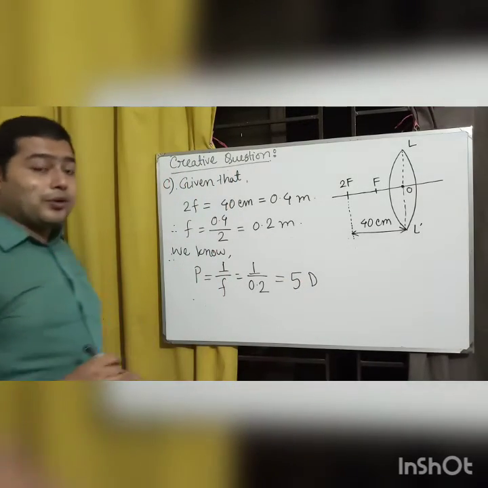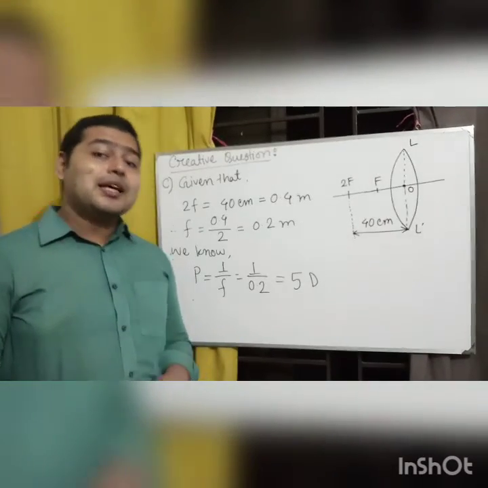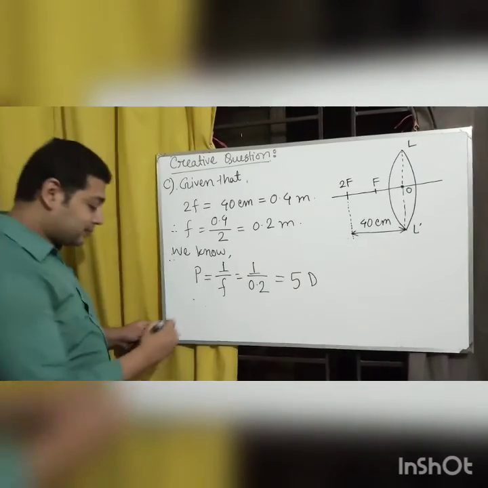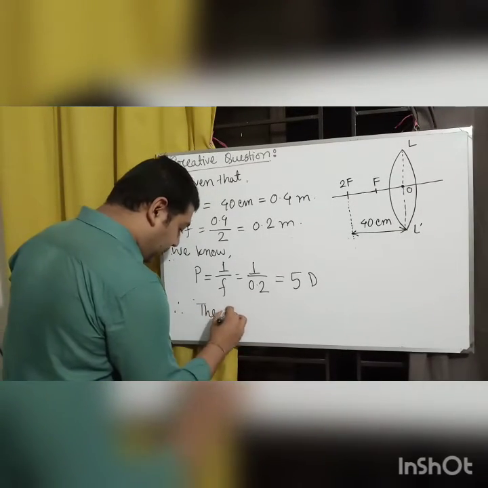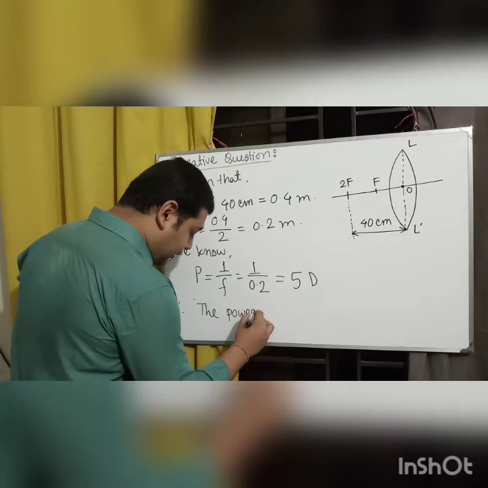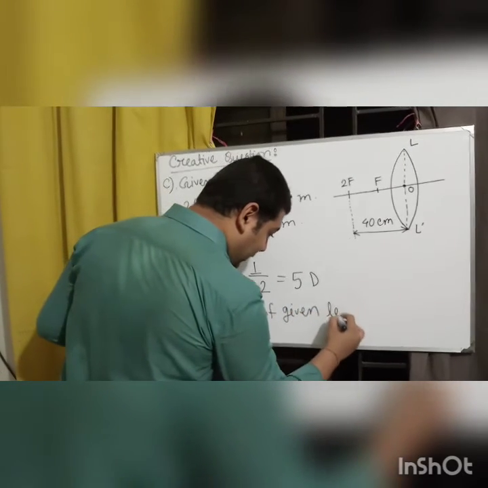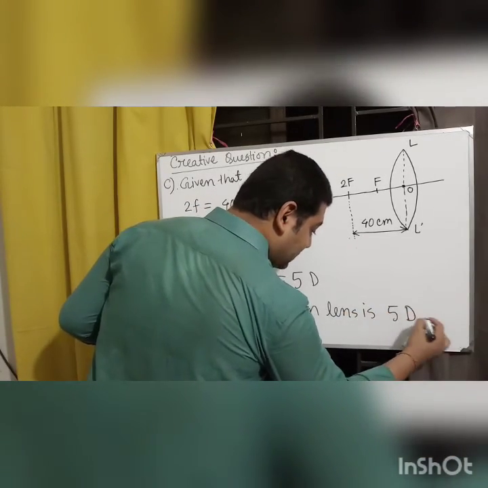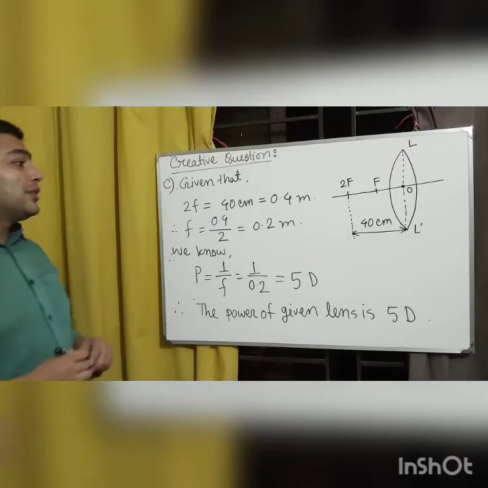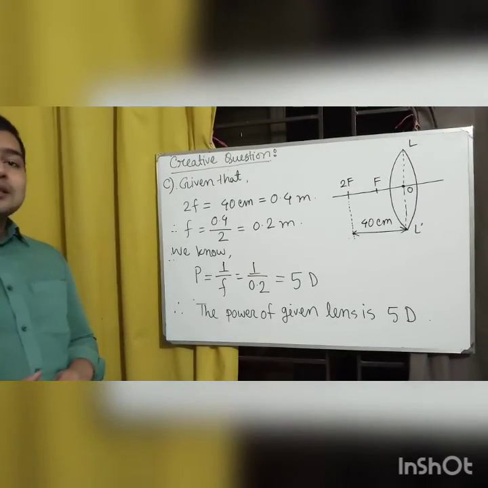We know that the unit of power of lens is diopter. So the power of the given lens is 5 diopter. This is our answer for question number C.